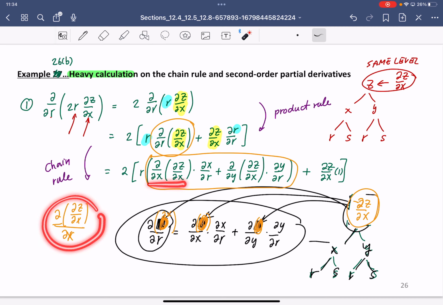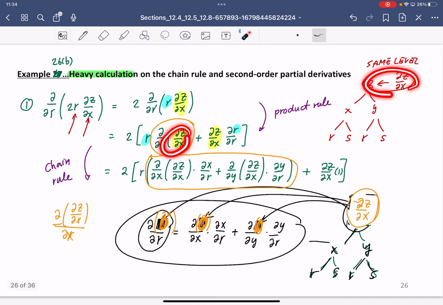Is it the same? They are not the same, but they are on the same level because it contains C's, so it's on the top level.